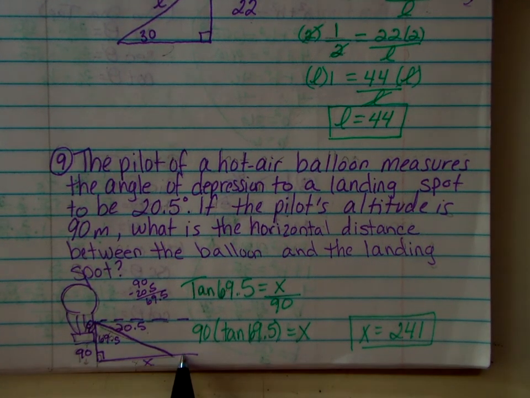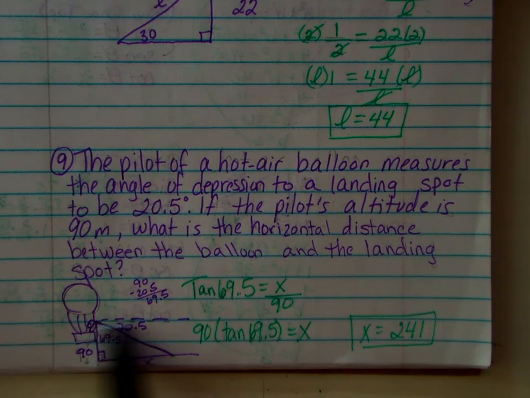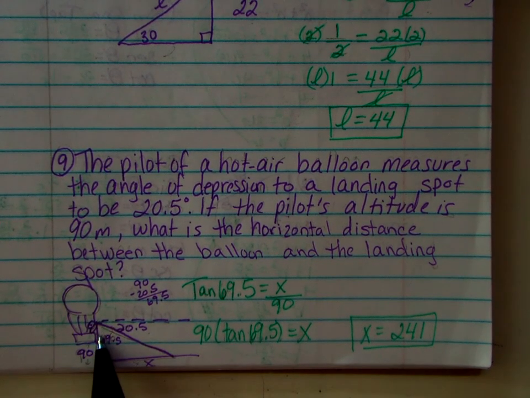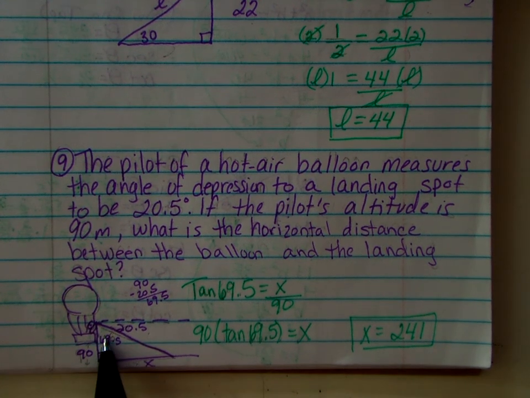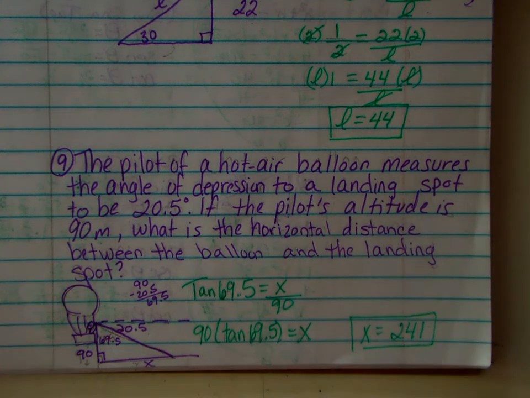So we're looking for x. So we have 20.5. Well, this is a right angle, right? So I'm going to do 90 minus the 20.5, and I get 69.5. So you're going to use the 69.5. Okay? If I have 69.5, you say to yourself, what information do I have? Well, I have the adjacent, and then I have the opposite. So we're going to do tangent. So our answer is 241.